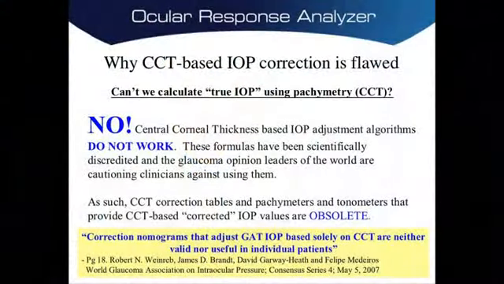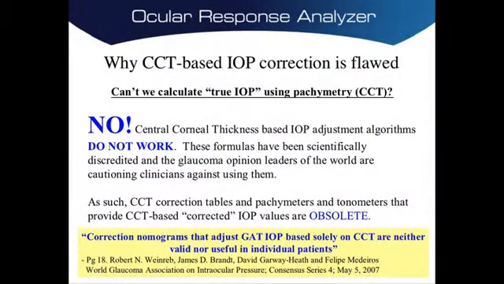In fact, this is why this is very important, because currently it has become popular in many areas of the world and in many groups in ophthalmology and optometry to try to calculate the true IOP using corneal thickness pachymetry correction algorithms. Technically, this cannot be done. Central corneal thickness based IOP adjustment algorithms simply do not work.